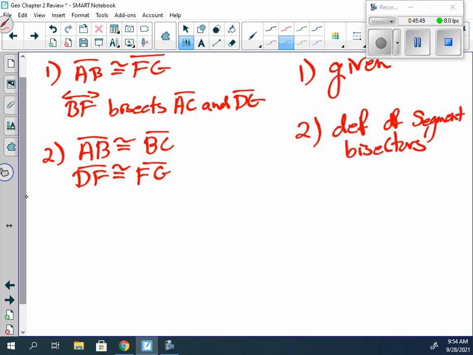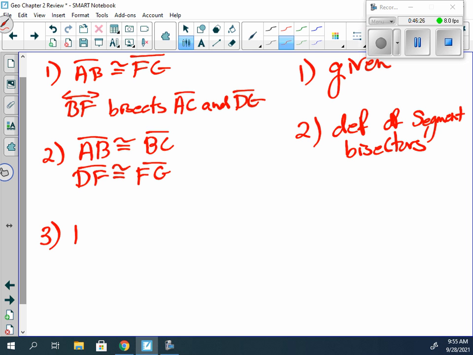And we're wanting to show that BC is congruent to DF. There's probably going to be another step in the middle, but well, AB is congruent to BC.